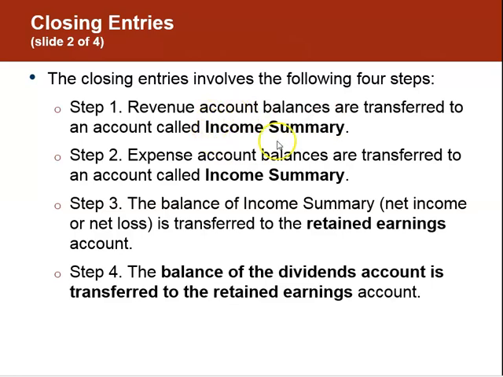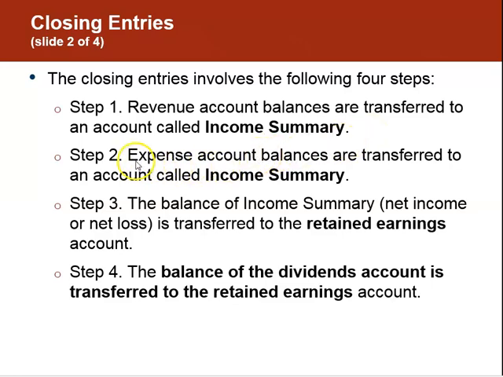So income summary is another temporary account, but this account is only used during the closing process. It's not used at any other time. This is the only time that income summary serves a purpose, and that we will use it in accounting.